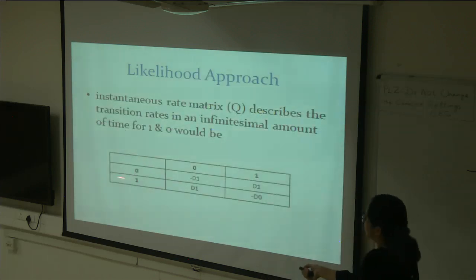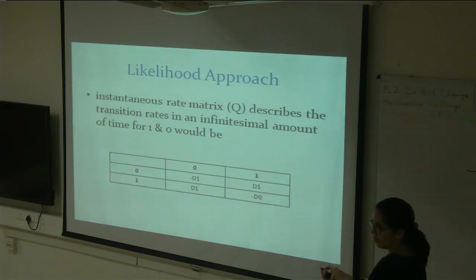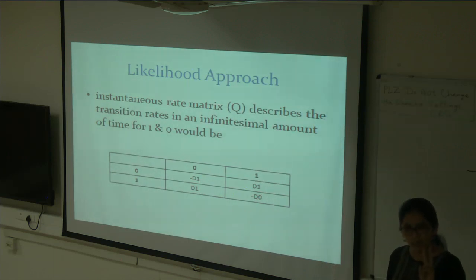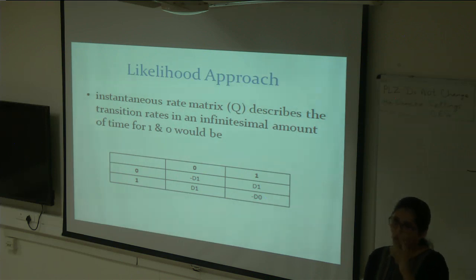How do you think about this instantaneous matrix, or transition matrix? You have a 0, 1 trait, because we have only two states. Either species can have 0 or 1. If it has 3 or 4 or more, it becomes complex, but right now you have only 2. Does that make sense to all of you?